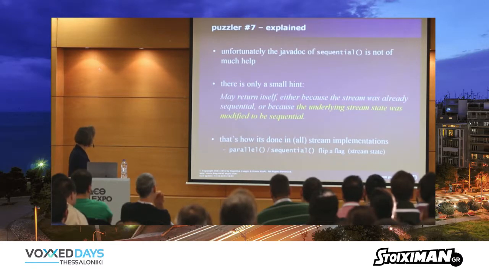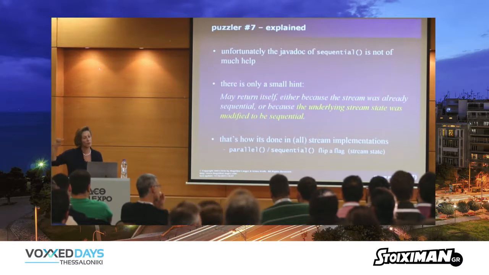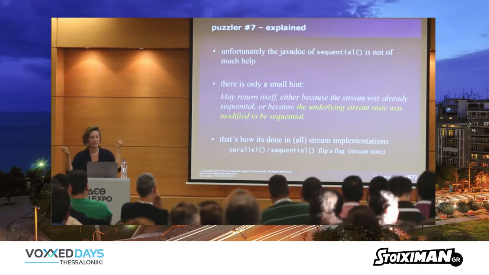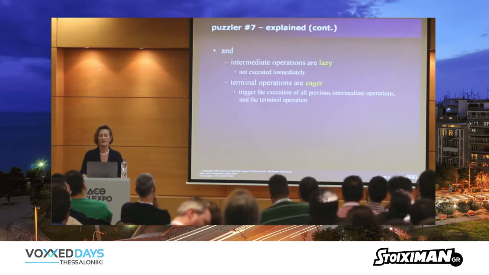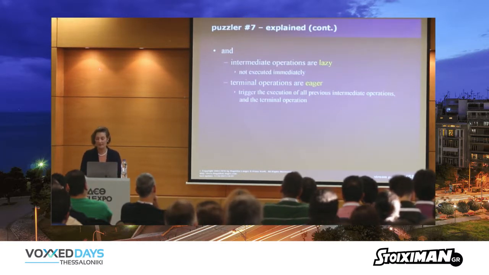The point is, what happens internally is each stream has a parallel flag. If you call parallel, you switch on the flag. If you call sequential, you take it back. So if you do parallel and sequential and parallel and sequential, you flip it back and forth.